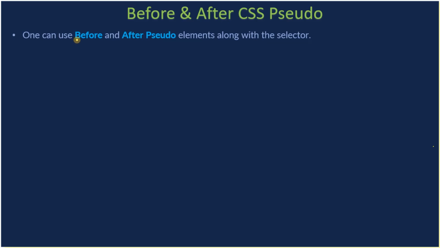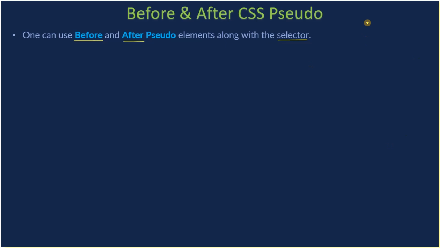One can use before and after pseudo elements along with the selector. We know that a selector will select a specific HTML element, right? So whatever element is selected, to the selected element, you can apply the pseudo classes before and after.